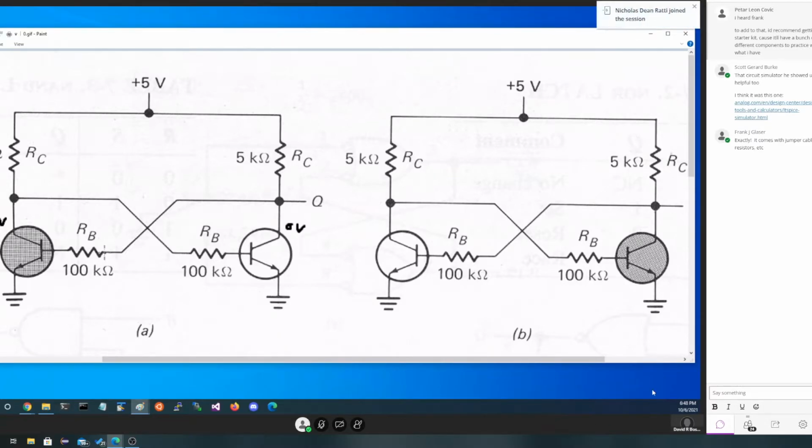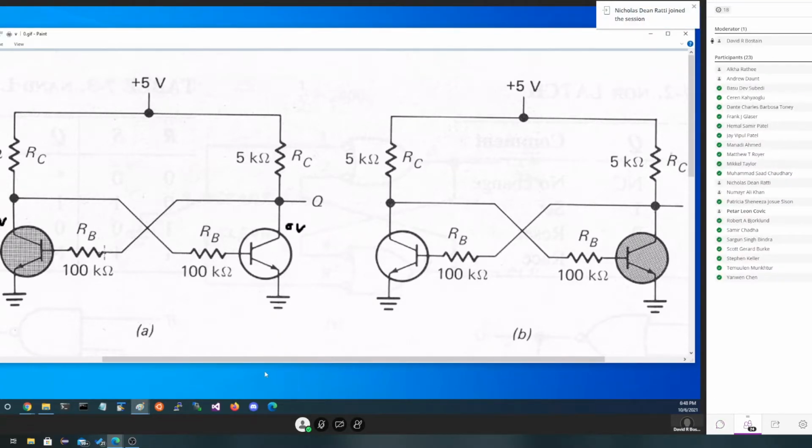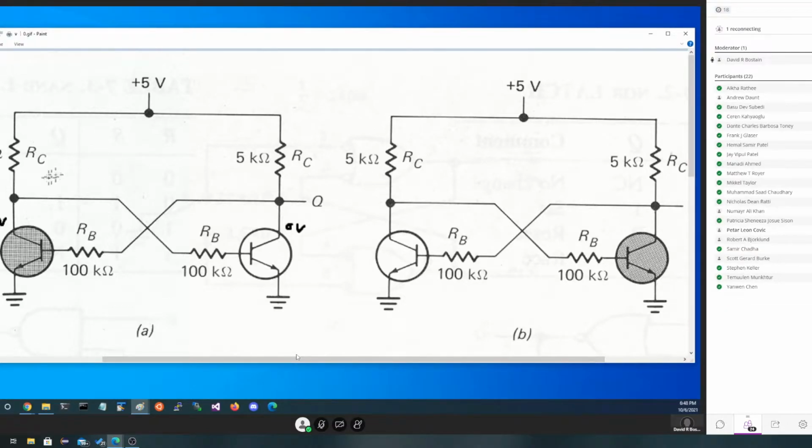Well, it turns out that if I were to actually turn this on, and we're just driving current through these resistors here to ground, there really is no ground to go to, right?